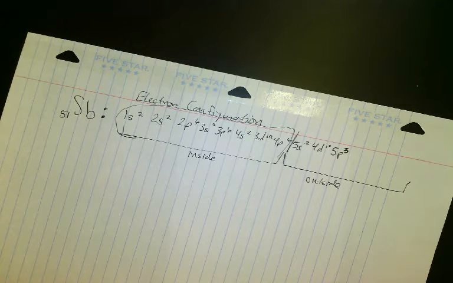Okay, did you get it done? Can I see it? Did you mark down the inside and the outside? Okay, so uranium is in what period? 7. So you're going to find 7s, right? And everything after 7s is the outside, and everything before 7s is the inside.